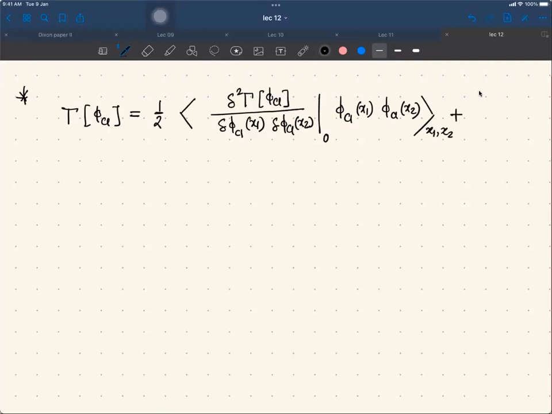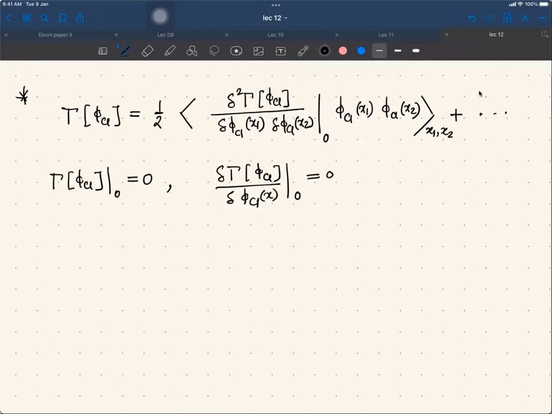Then higher order terms, where we are using the result that Γ[φ_CL] at 0 is 0 and δΓ/δφ_CL at 0 is equal to 0.